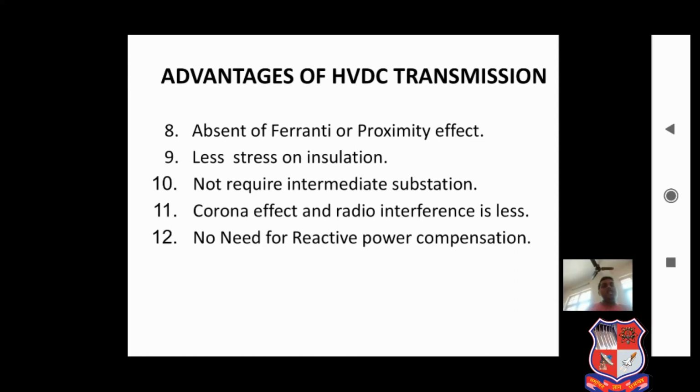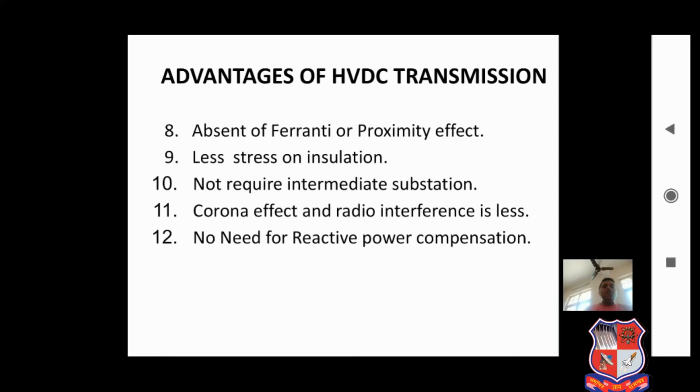Less stress on insulation. Obviously in a high voltage DC system, the voltage level is less as compared to HVAC, so the stress on the insulation is less compared to high voltage AC. Intermediate substations are not required. In an HVAC system, every 250 kilometers we require intermediate substations, but in DC there is no such requirement.